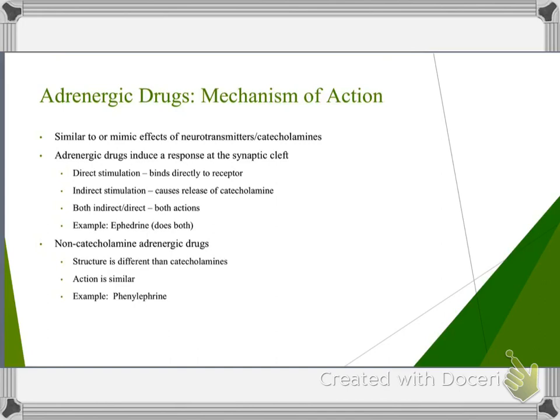An example of an adrenergic drug that does both is ephedrine. Just imagine, ephedrine increases your heart rate and it increases your blood pressure, right? In fact, it used to be used as a diet medication. I think it still kind of is, because it increases your heart rate. It makes your body work more, right? So you burn more calories, so to speak, but it kills your heart in the meantime.